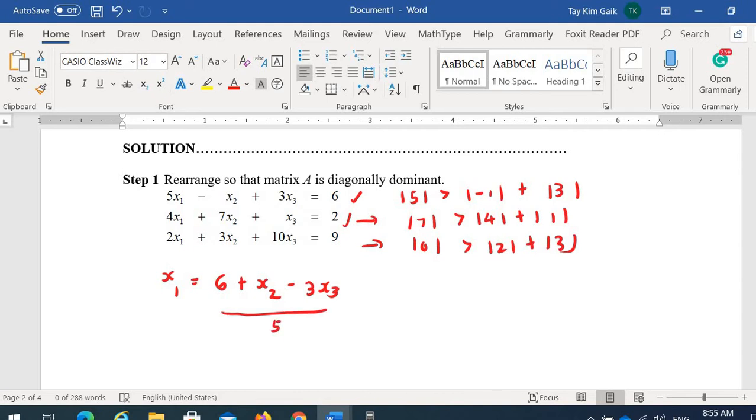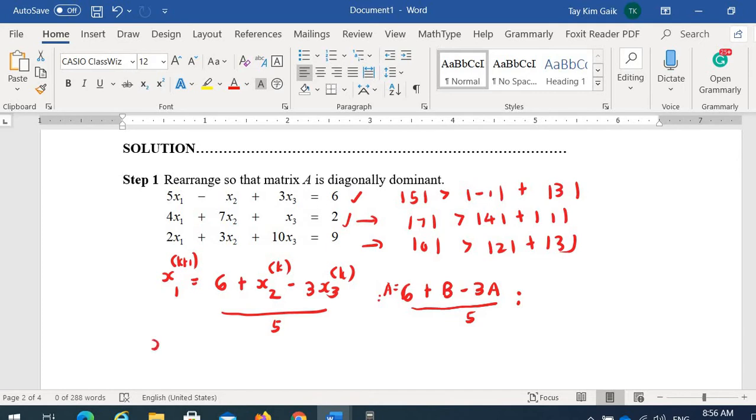Mathematically, x2 we put step k, x3 is step k, x1 is step k plus 1. And I'm going to input into your calculator as A equal to 6 plus B minus 3A divided by 5. And then the colon, to input everything simultaneously.